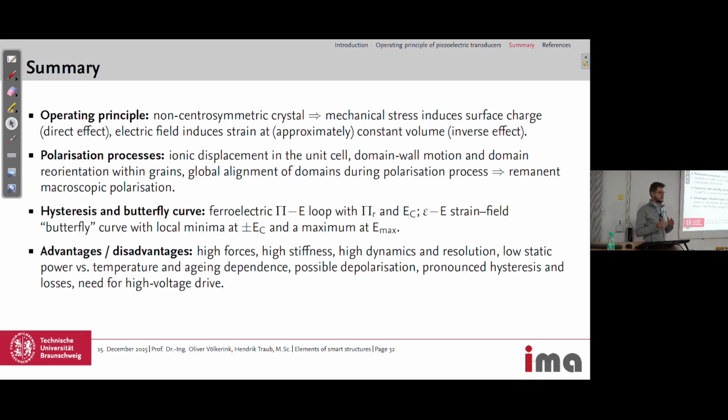So the hysteresis curve would shift or increase its slope depending on the doping, because then the domain wall motion is easier or harder, so to say.